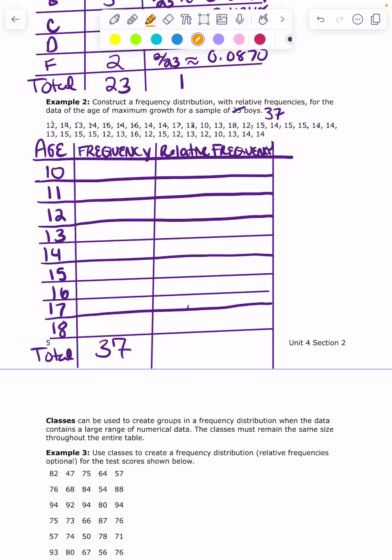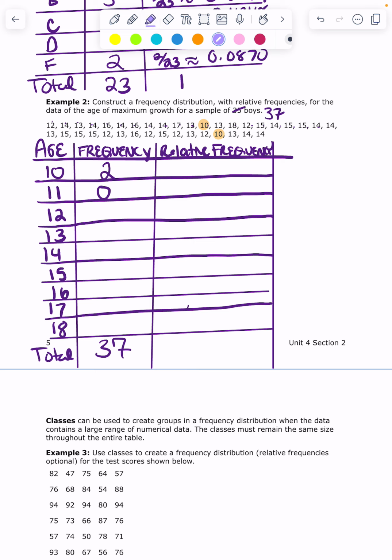I'm going to use the highlighter again, highlighting all of my 10s, and there's one here, there's one here. It looks like there's only 2, but by highlighting it, if I missed any, I'm going to catch them at the end. There weren't any 11s, but we still have to have 11 in our table because it would be kind of weird to skip it.